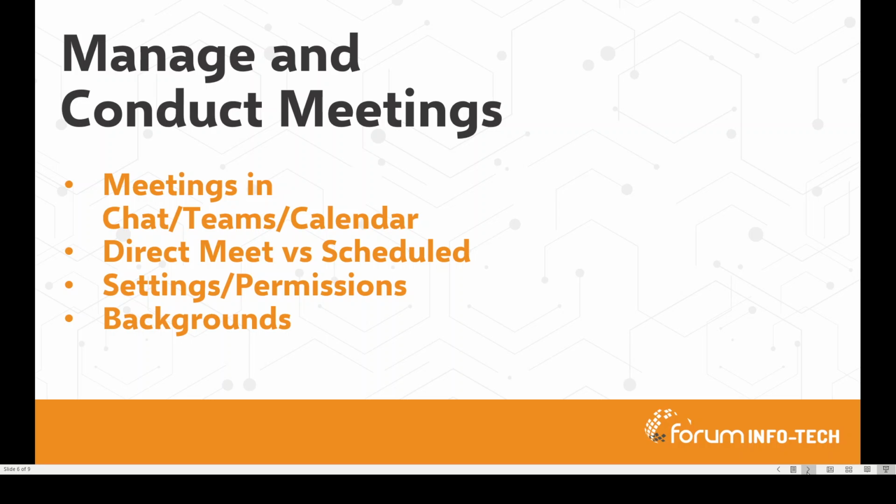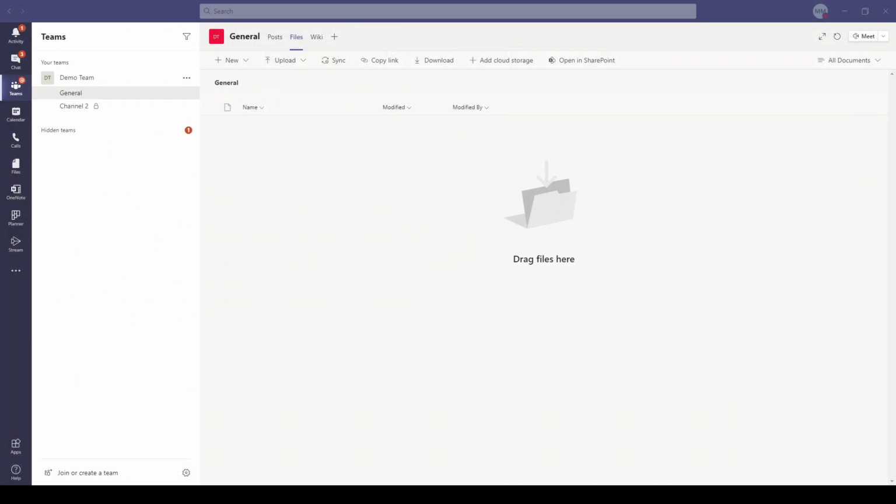So in your Outlook calendar, you will get notifications for any scheduled meetings, and within Teams, any immediate calls that happen will pop up as well. I wanted to go through some settings and permissions as well as backgrounds, so we'll go ahead and switch back over and see if we can get a little bit of that going.